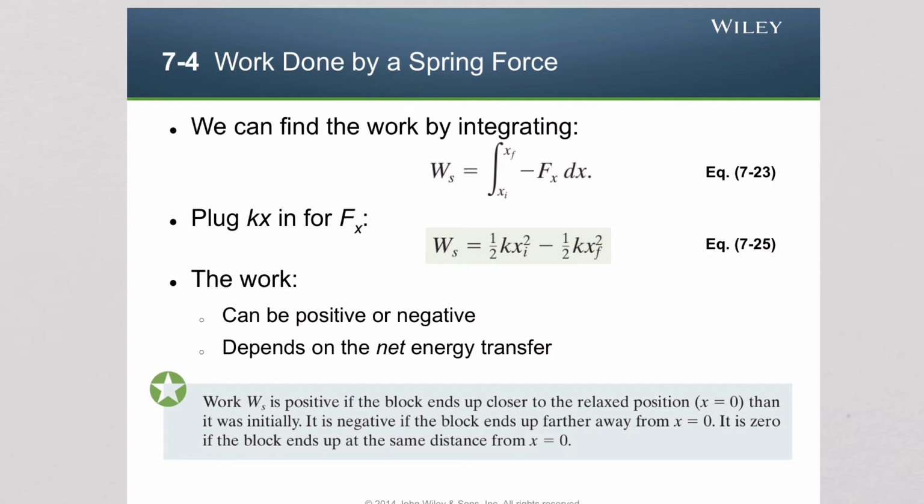By definition, the work done by a variable force is equal to the integral of the force times dx, and this is for the one-dimensional case. So how can we deal with the fact that the force is variable in the case of a spring?